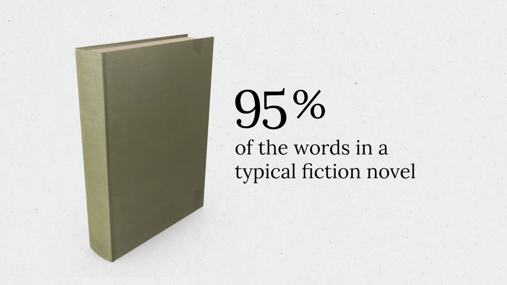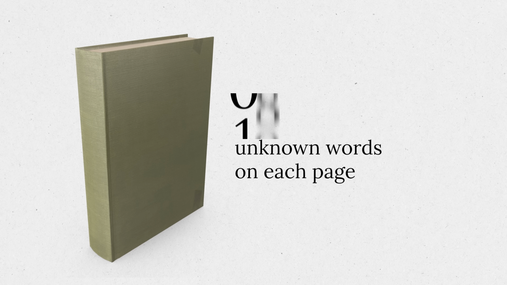If you know 4,500 words, then you would know 95% of the words in a typical English fiction novel. That seems pretty good. But it also means that 5% of the vocabulary in the novel would be new, which is the equivalent of 15 unknown words on each page.